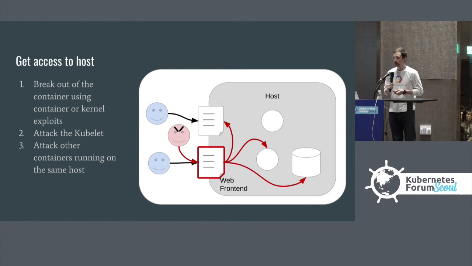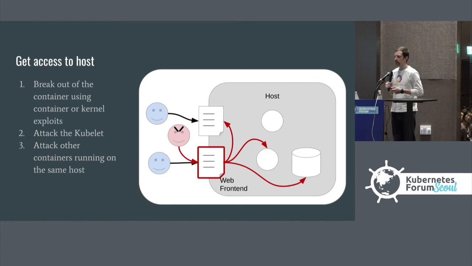Typically people will break out of a container by using something like a kernel bug or some other container or Kubernetes bug. There have been several that allow container escapes. So an attacker might be able to break out of a container and then read files from the file system or otherwise execute applications on the host outside of the container.